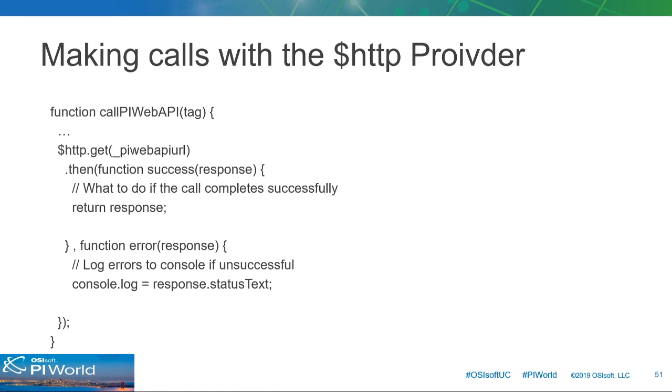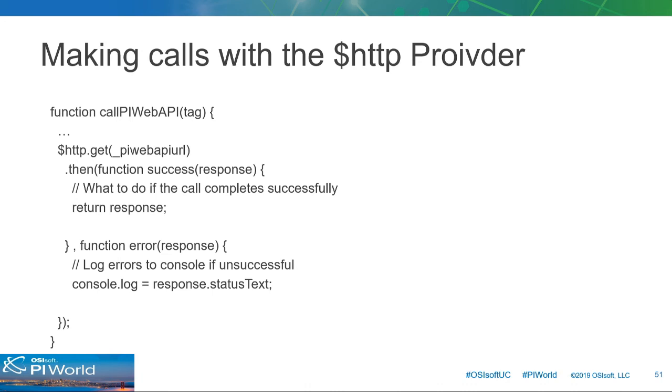When you want to use the AngularJS HTTP provider, there's a handful of portions of it. You can use gets, a get request, which is just let me see the information there. And then there are two possible responses from that. Either you have a success and you use .then to indicate what you do with that success, that 200 response, that good response from the web API, or you have an error and you do whatever you want with the error.